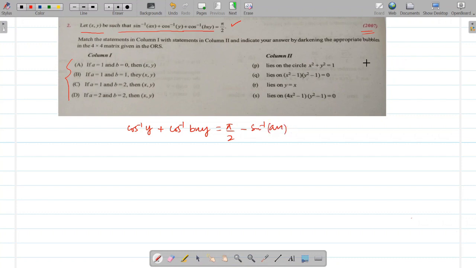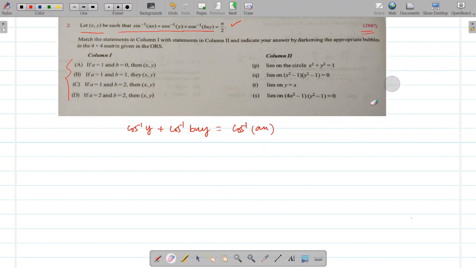And we already know that sine inverse of x plus cos inverse of x is equal to pi by 2. So we can replace pi by 2 minus sine inverse of ax with cos inverse of ax.